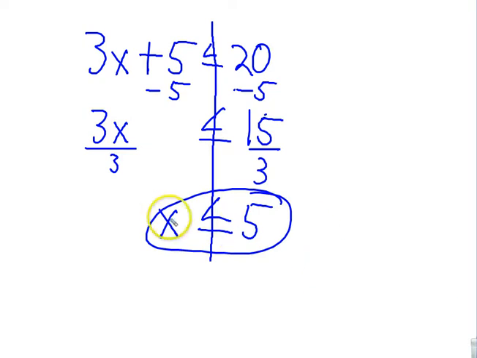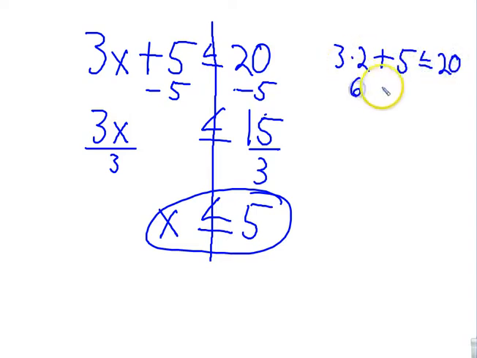Okay. Now, what this means is that any number less than or equal to 5, so a number like 2, would work. So if I go back up here and I plug in 2, okay, 3 times 2 plus 5 is less than or equal to 20.